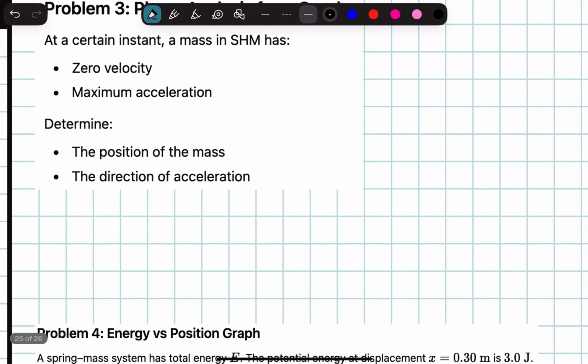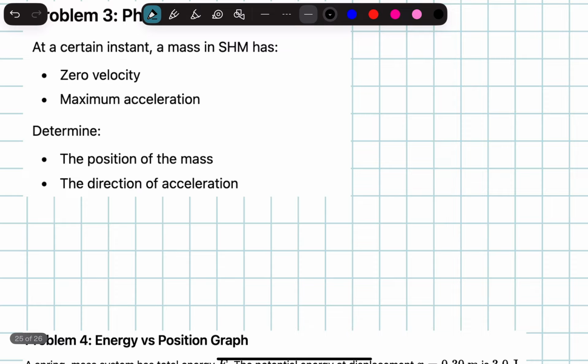At a certain instant, a mass in simple harmonic motion has 0 velocity, max acceleration. Determine the position of the mass and the direction of the acceleration. So the velocity equals 0 at x is equal to plus or minus A, and the acceleration a is equal to negative omega squared x.